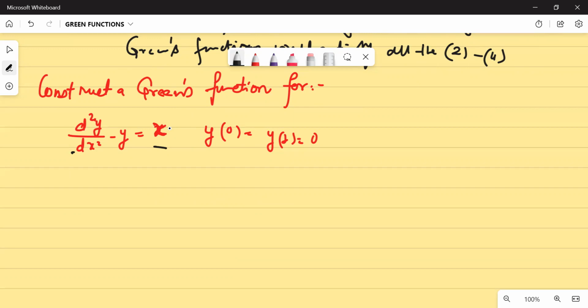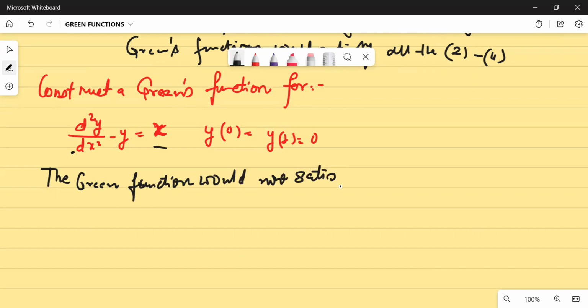The first thing that we have to see is that the Green's function would now satisfy the differential equation given by d2y upon dx2 minus y is equal to Dirac delta of x minus zeta.